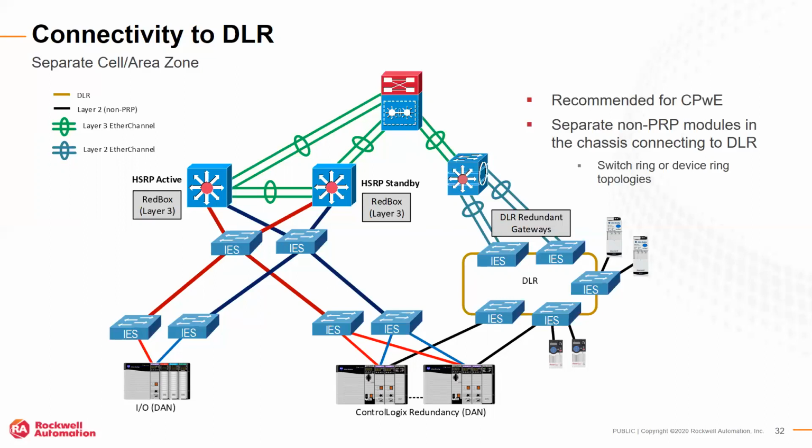In order to connect that ControlLogix redundancy to your other DLR gateway, the proper technique would be to add an additional network module that supports DLR, maybe an EN2TR, that connects directly to that DLR network.